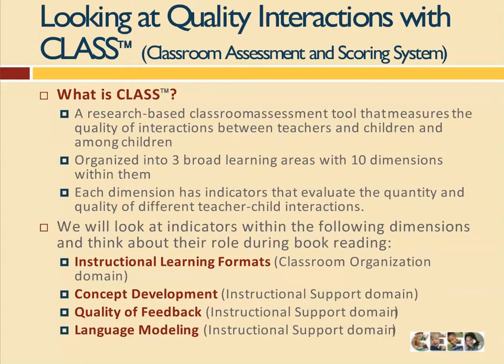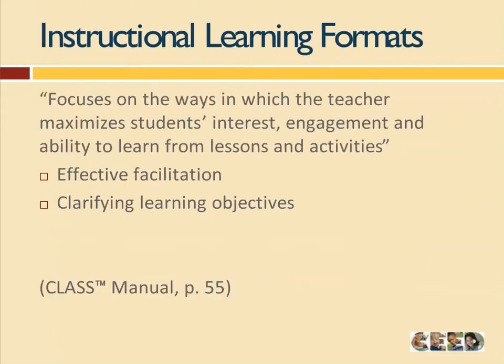Each dimension has indicators that evaluate the quality and quantity of different teacher-child interactions. Throughout this module, we're going to look at different indicators within the following dimensions and think about their role during reading books: instructional learning formats, concept development, quality feedback, and language modeling.